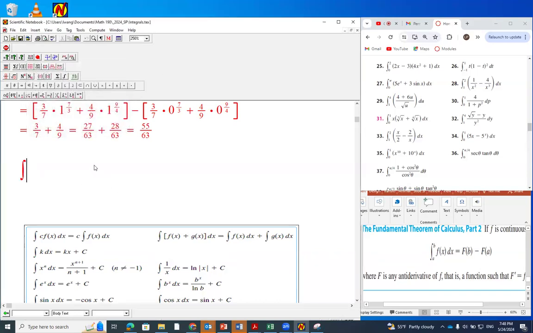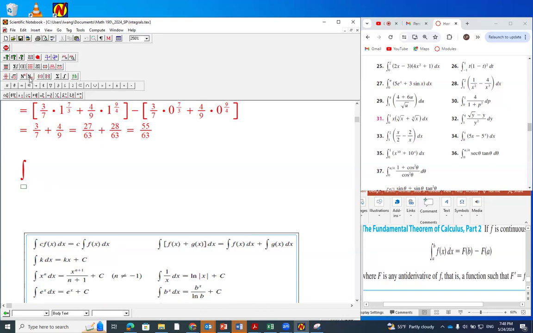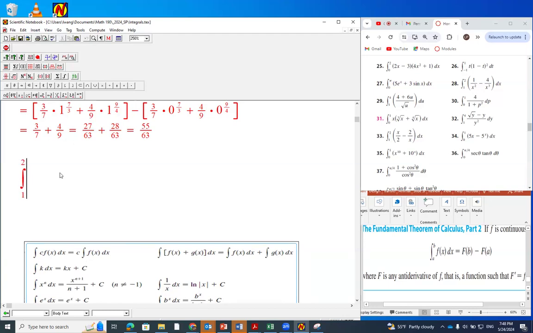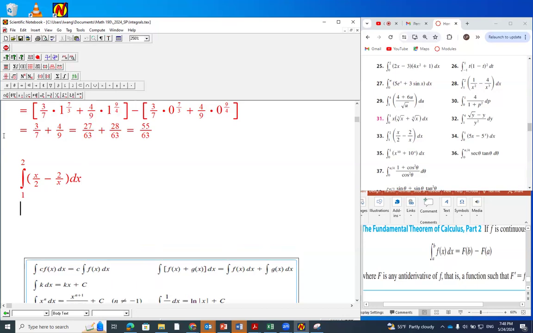So we got 33, the lower limit is 1, the upper limit is 2, and we're integrating x over 2, subtracting 2 over x dx. Don't forget to attach the dx. And what do we get here?